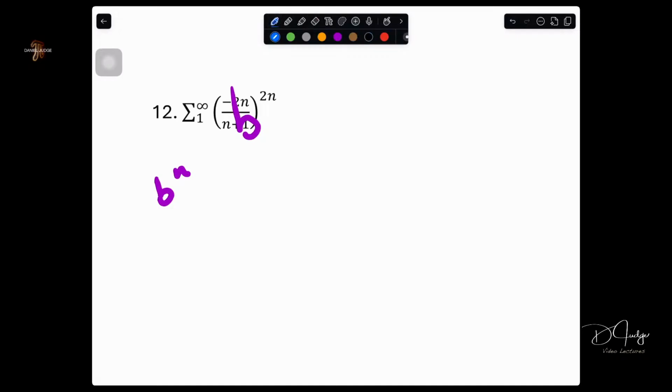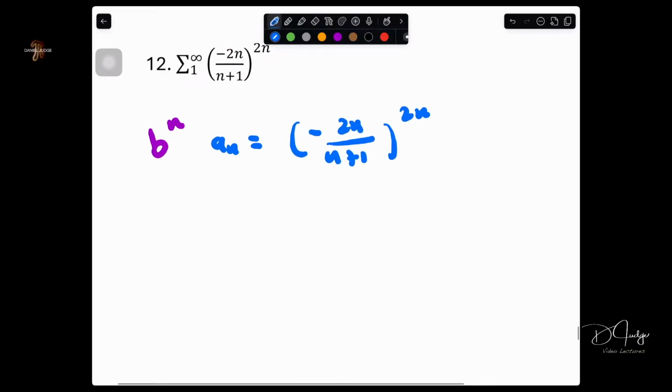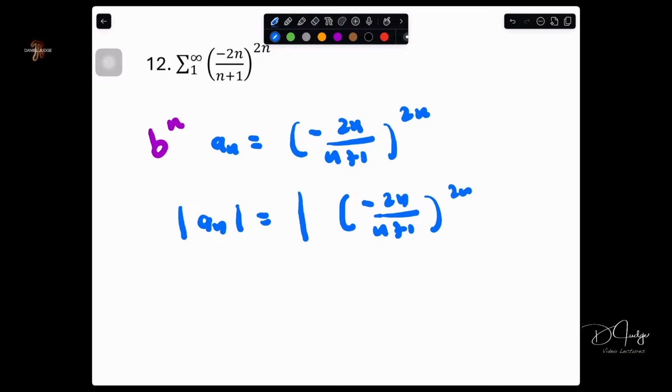So an is negative 2n over n plus 1, that's 2n power. So the absolute value of this term is negative 2n over n plus 1 to the 2n power.